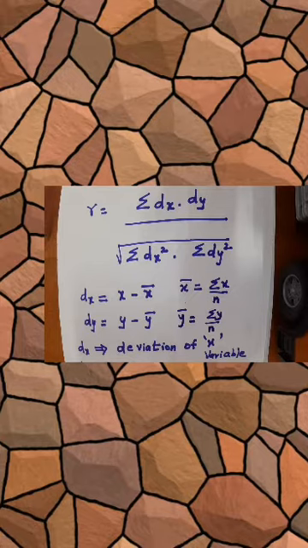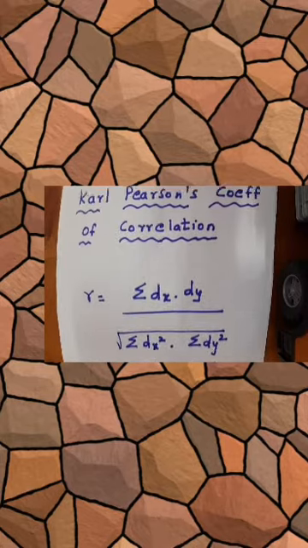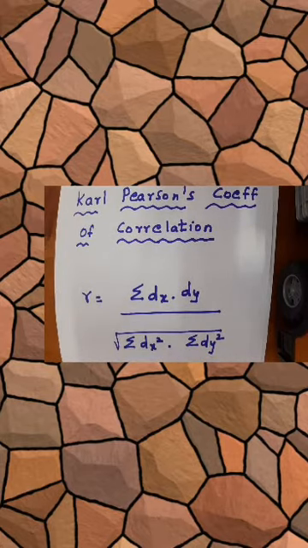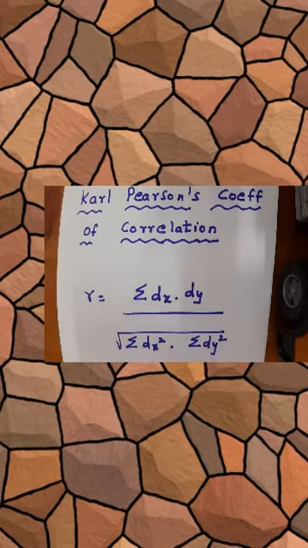Okay, students. So we will see how we are going to calculate Karl Pearson's coefficient of correlation. So do remember the formula. Don't forget this. It's very important. The formula for Karl Pearson coefficient of correlation.